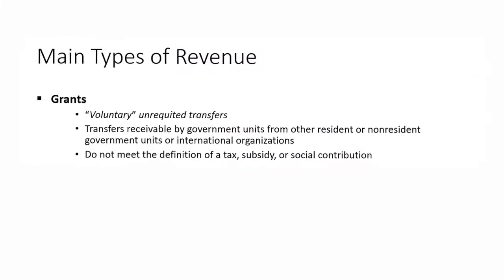What are grants? There are further types of revenue. These are voluntary unrequited transfers receivable by government units from other resident or non-resident government units or international organizations. So this is like some free money, some donations from international funds for development or something. These are grants. Then we have also property income.